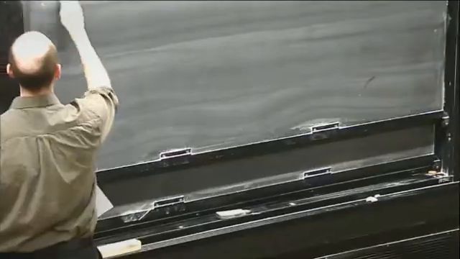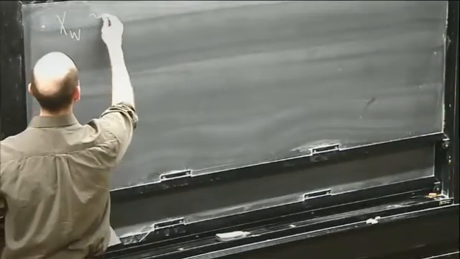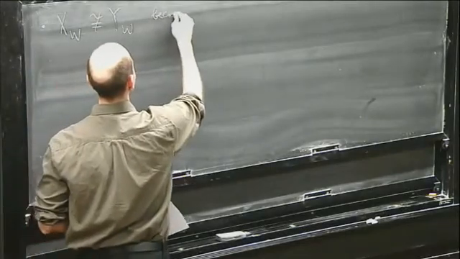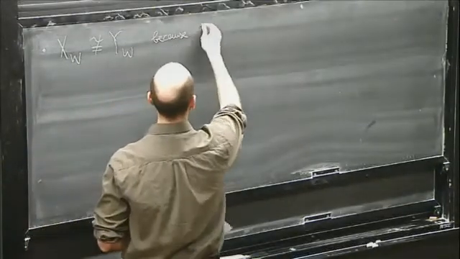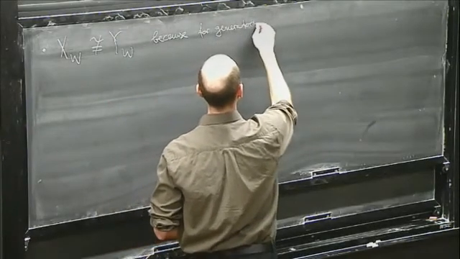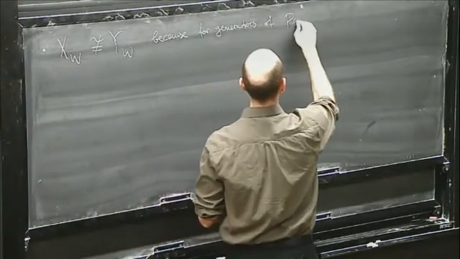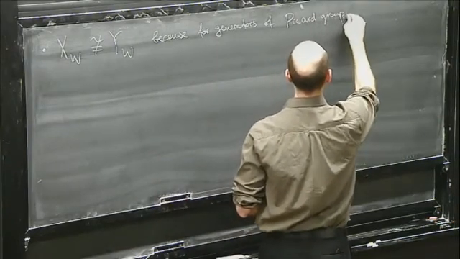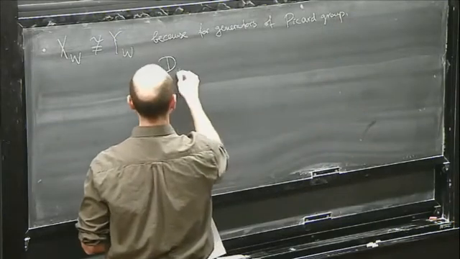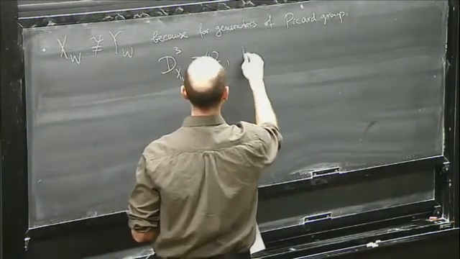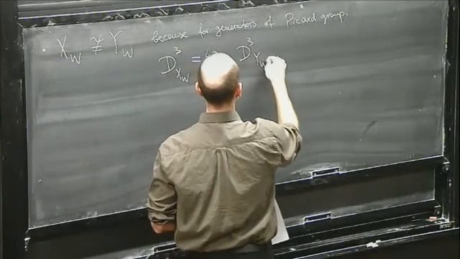So I want to make this remark. XW is not isomorphic to YW because for a generator D of the Picard group, you have D cubed on XW is 42, and D cubed on YW is 14.